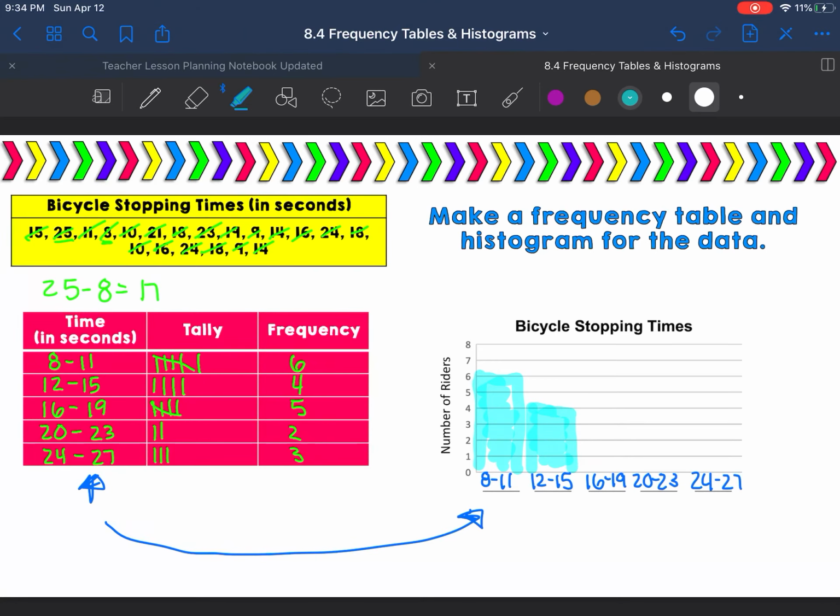For 12 to 15, there were 4 riders, so I'm going to graph that. 16 to 19, I had 5. Remember, just do the best you can when you're graphing these. Your lines may not be perfect and straight, and mine are not very perfect and straight. Just do the best you can. And then finally, 3. And there we have it. We just successfully made our own frequency table and histogram with data.